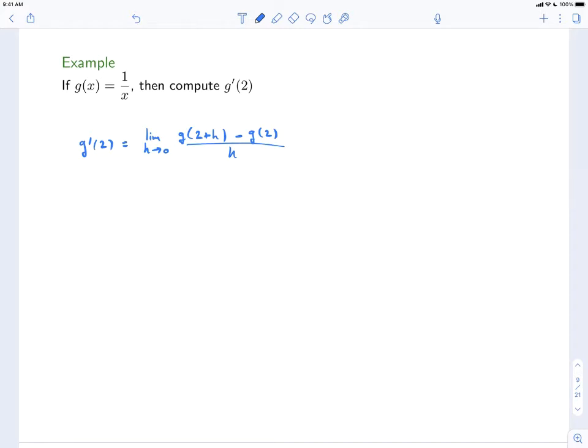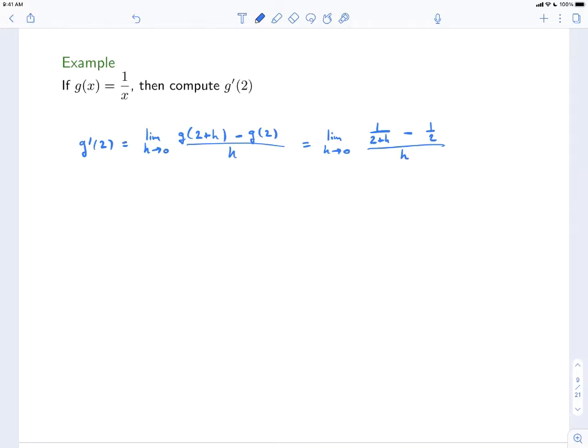Again, at this point, we just simply use the definition of our function. In this case, g of x is equal to 1 over x. So you take the input, and the output is just 1 over that input. In this case, our first input is 2 plus h. So this is going to be equal to the limit as h goes to 0. So g at 2 plus h is 1 over the input minus g at 2, which is 1 over 2. And all of this divided by h.